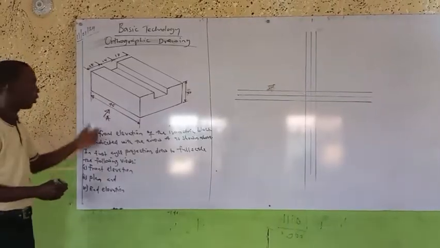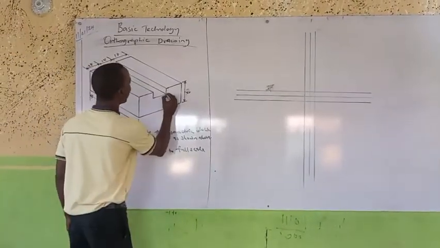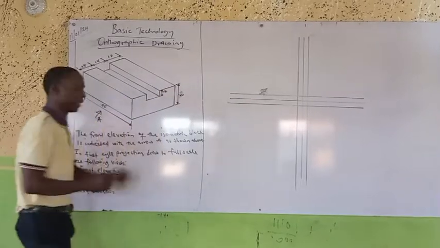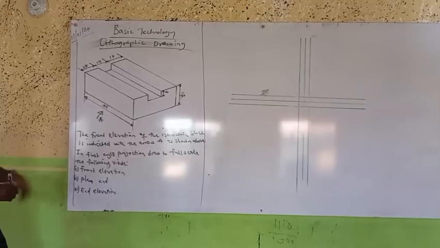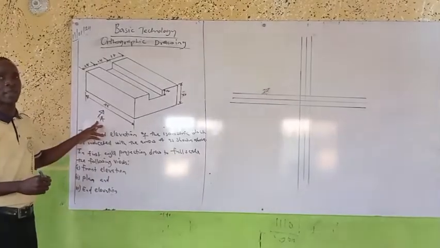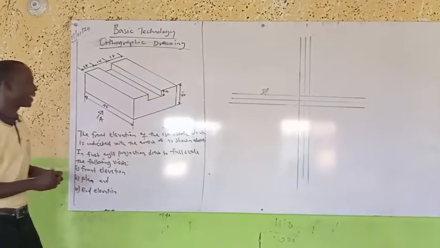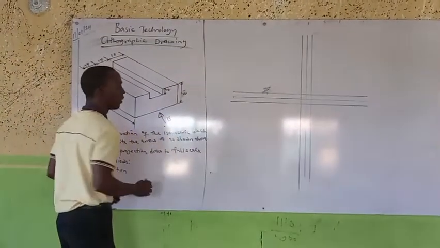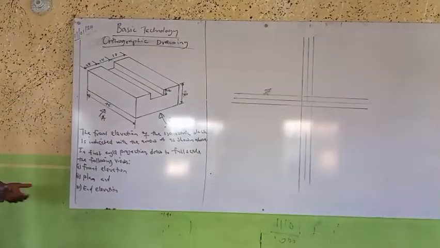Now, when you look at this object on the board, this place is not dimensioned. This place is actually 12 mm. Okay, now, when you look at the object, this side has been given to you as a front elevation. Automatically, this other side now becomes your side elevation or the end elevation.